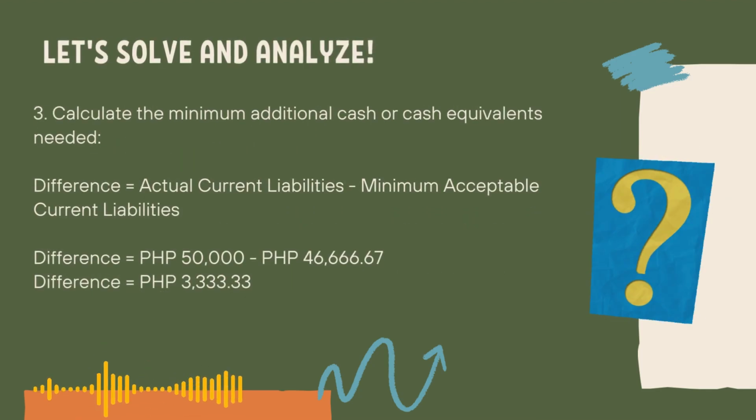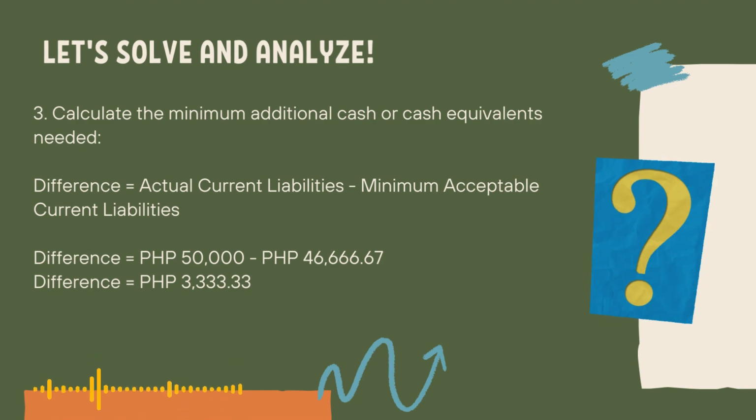Number three, we need to calculate the minimum additional cash or cash equivalents needed. So we need the difference between the actual current liabilities of Aling B's Sari Sari Store minus the minimum acceptable current liabilities. So her actual current liability is 50,000 pesos minus the 46,666 pesos and 67 centavos.